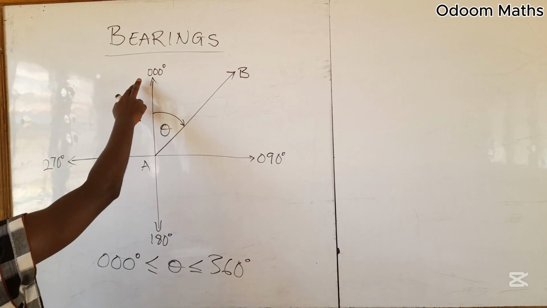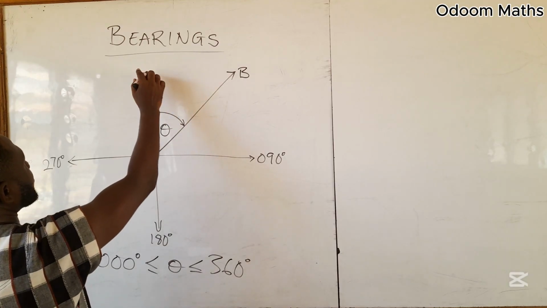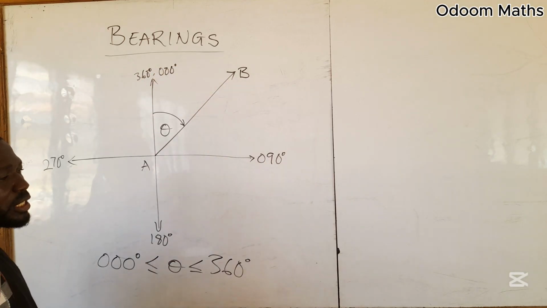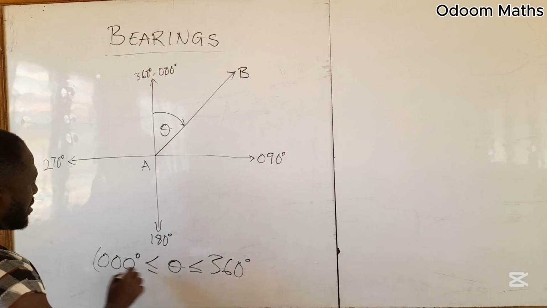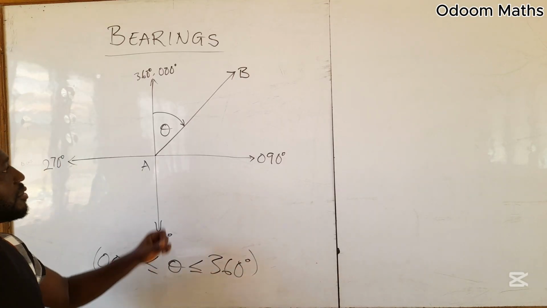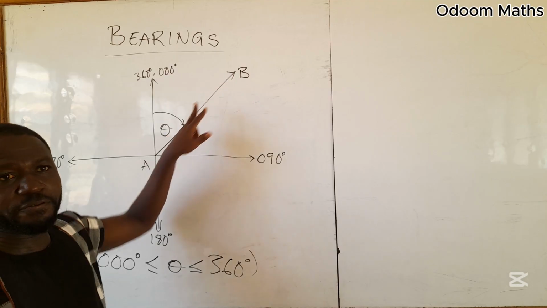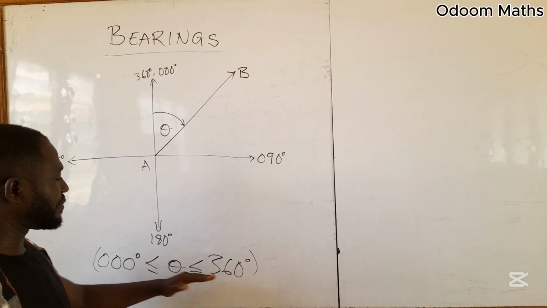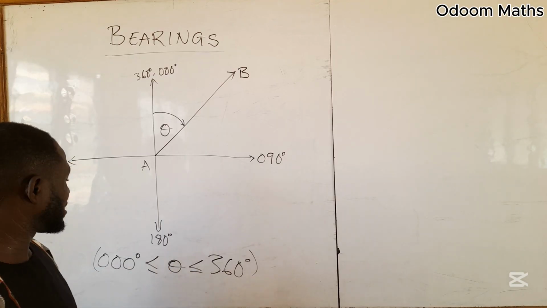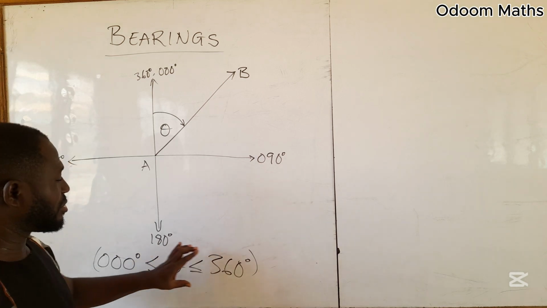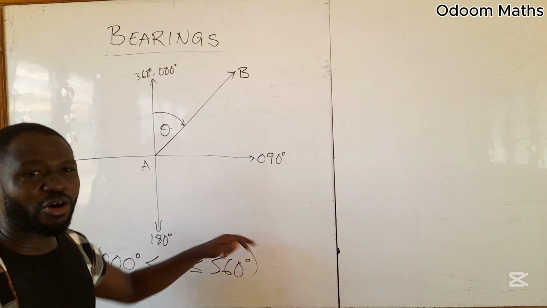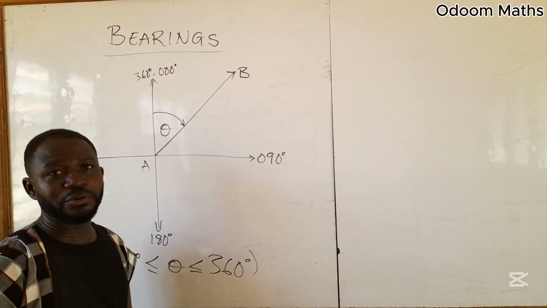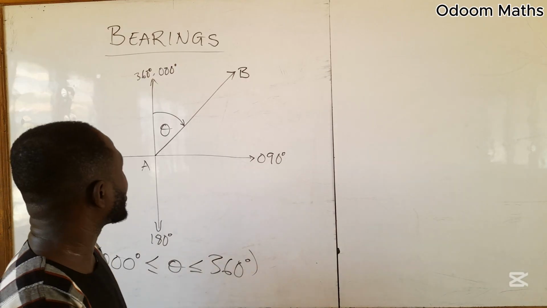Then we get back to 360 or 000 degrees. So theta can be 000 or 360, but it shouldn't be more than 360 or less than 000. Now let's take a few examples.